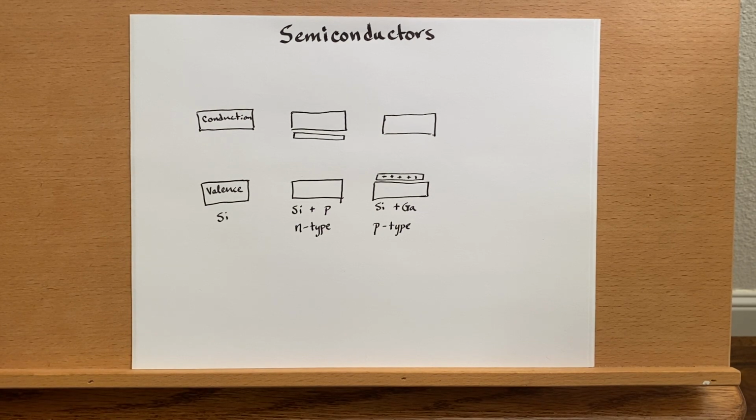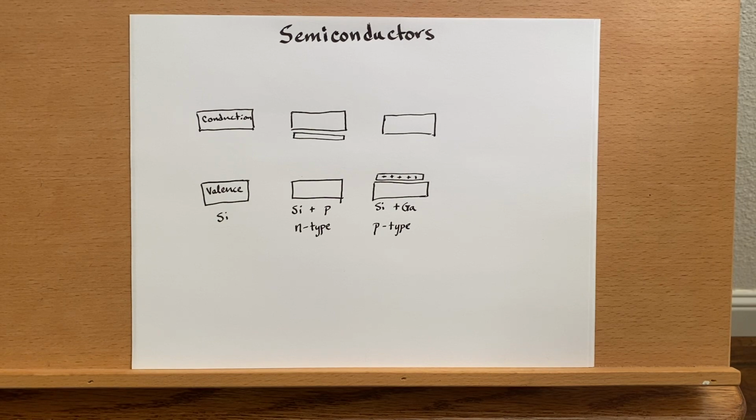So sometimes these are used in remote controls so that you can send an infrared signal into the TV. And they're also used in sensors that will detect that light so that you can receive the signal. So these are some of the uses for semiconductors.